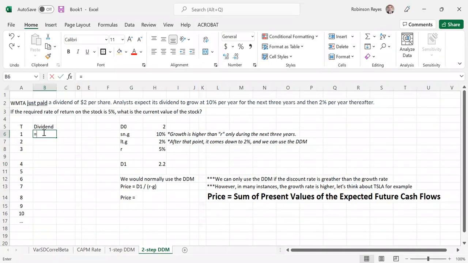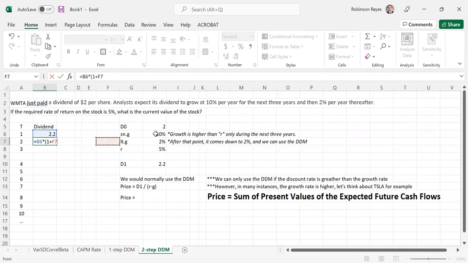So what is the first dividend? Well, we already have it here, 2.2, or just to refresh our memory, this is just D0 multiplied by 1 plus this 10% growth rate, because that is the growth rate for the next year, year 2, and year 3. Then in year 2, we expect this dividend 1 to grow once again by a 10%.